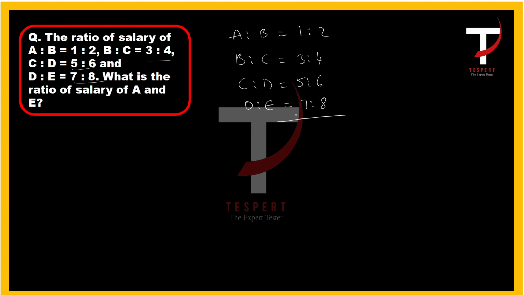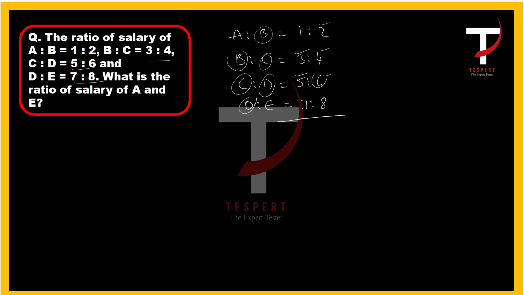Now we have all the values, but the values are not common, right? Here the value of B is 2x, and here the value of B is 3x, and here the value of C is 4x, and here the value of C is 5x. Here the value of D is 6x, and here the value of D is 7x.